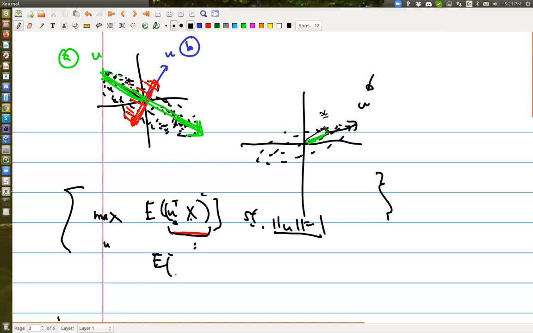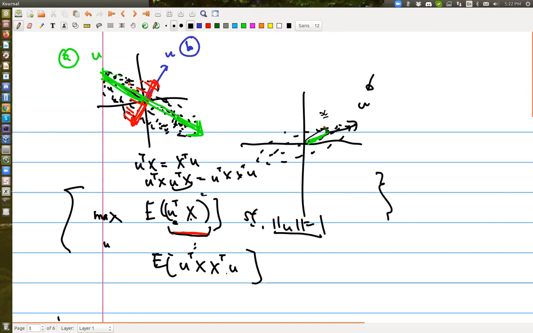So I have u transpose x squared. By the way, u transpose x is just a scalar, the projection value here. I can write it as u transpose x times x transpose u, because u transpose x is a scalar, so it's equal to x transpose u. So the square of u transpose x is u transpose x, x transpose u.